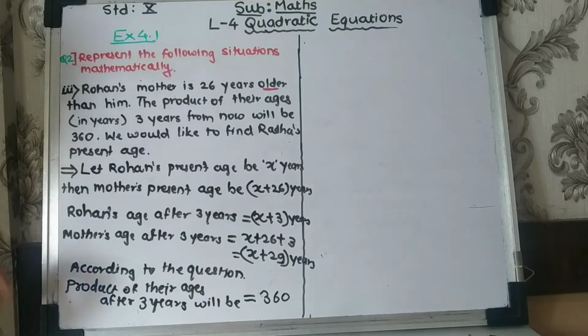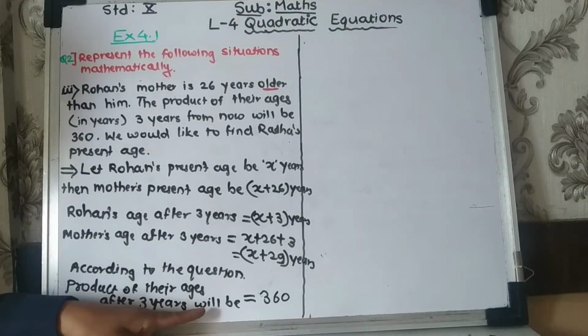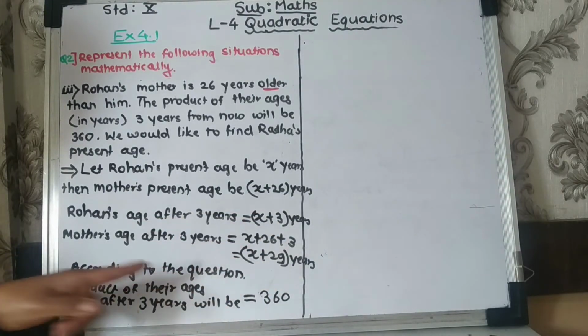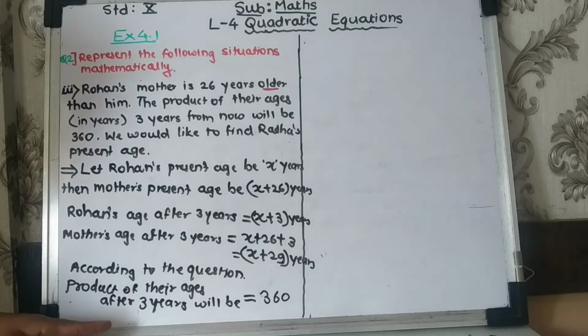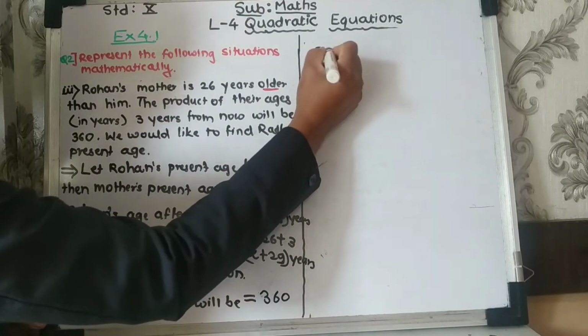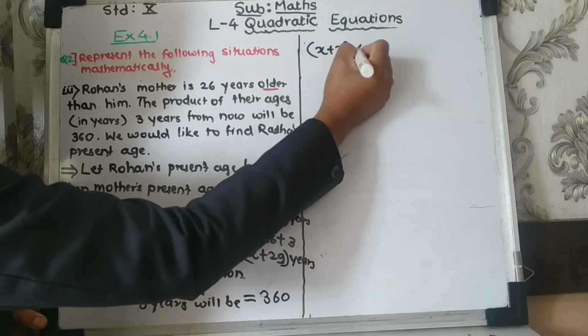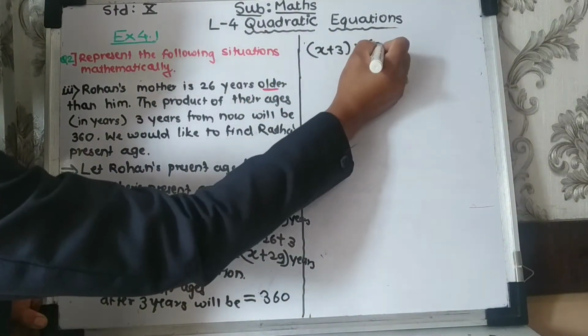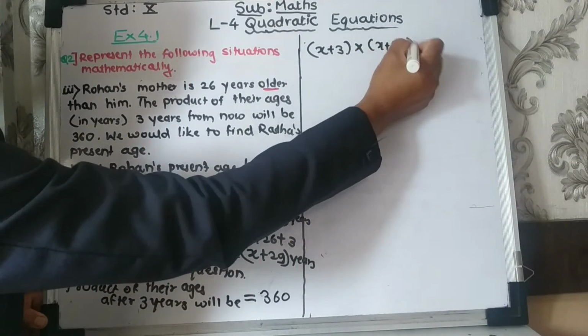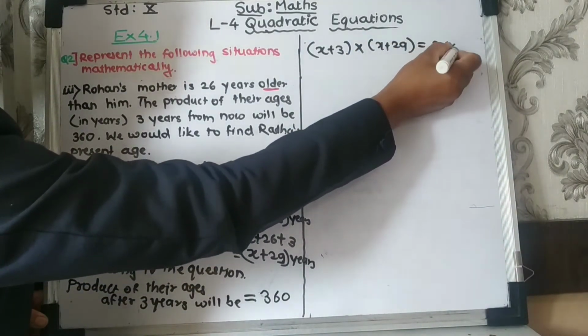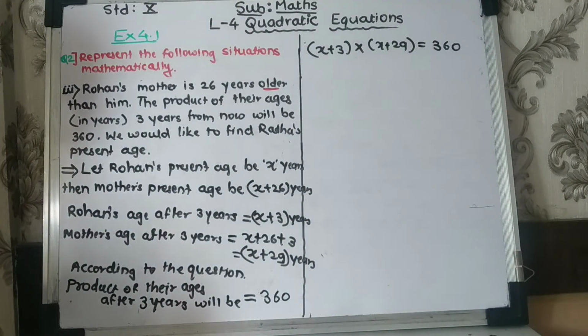Now after 3 years, whatever ages we have found out, their product we are going to take. Product means multiplication. So we'll have x plus 3 multiplied with x plus 29 equals to 360. Understood how we got this one?